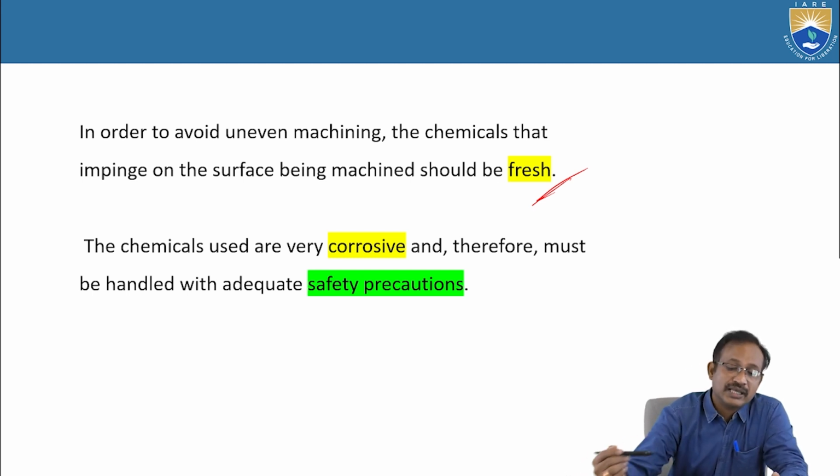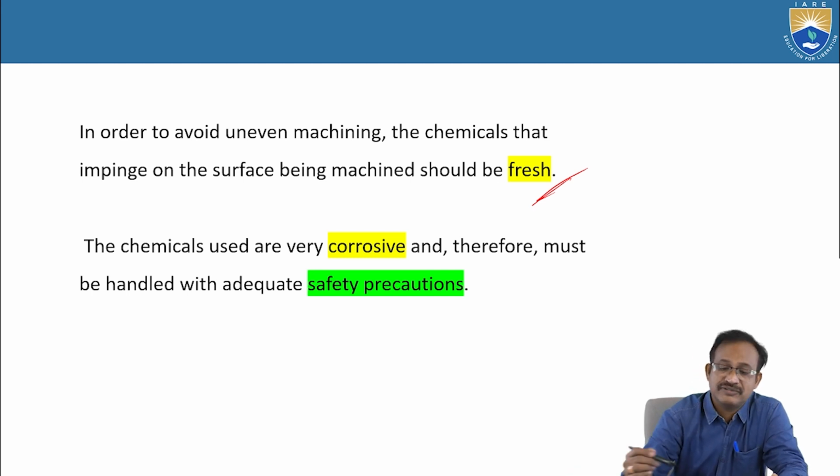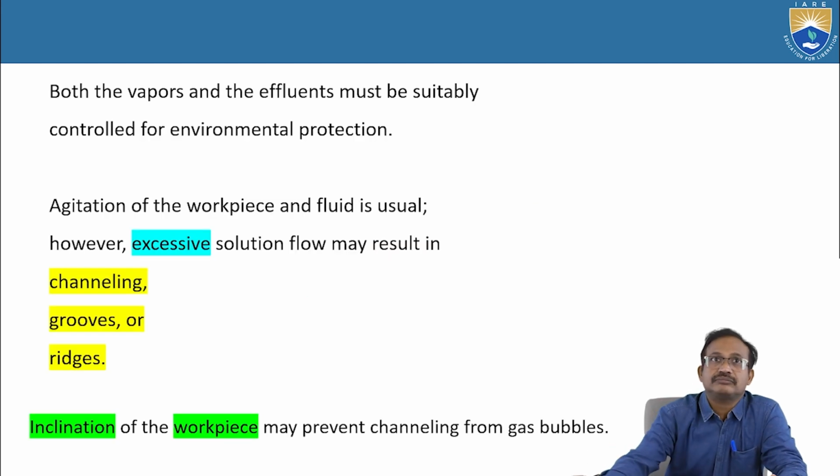The chemicals used are very corrosive and therefore must be handled with adequate safety precautions. This is very important. Both the vapors and the effluents must be suitably controlled for environmental protection. This is completely a chemical environment, so we have to take sufficient care towards the environment.